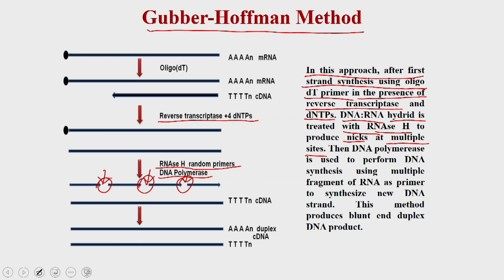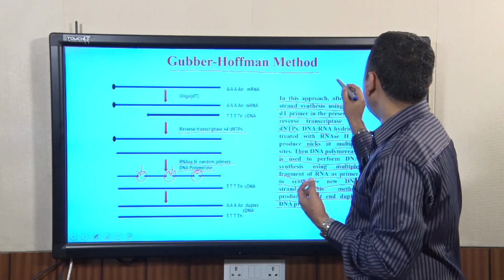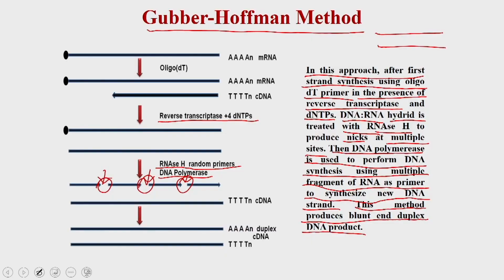In the subsequent step, you use the DNA polymerase to perform the second strand synthesis using the multiple fragments of RNA as primers to synthesize the new strand. At the end, this method is going to generate blunt end DNA, which means you are going to get DNA with no cohesive ends.